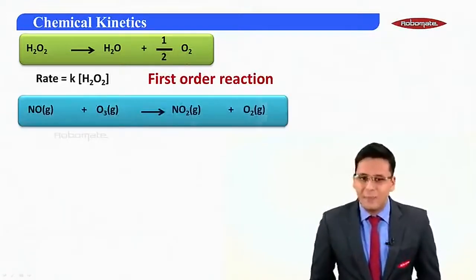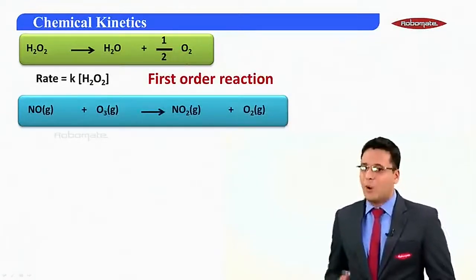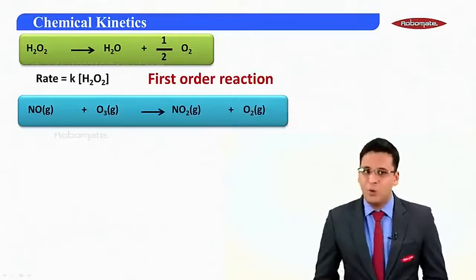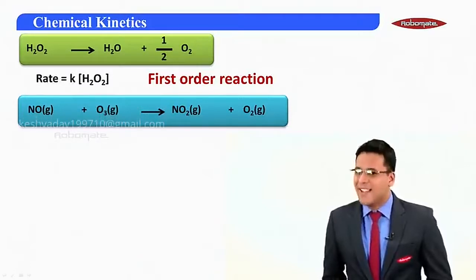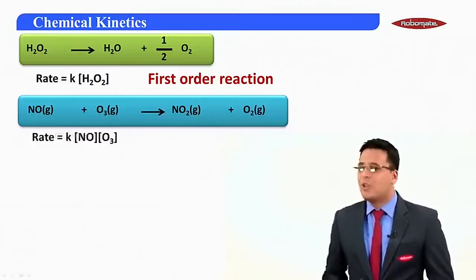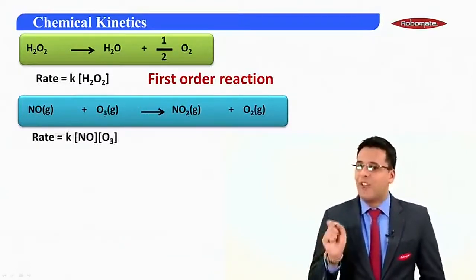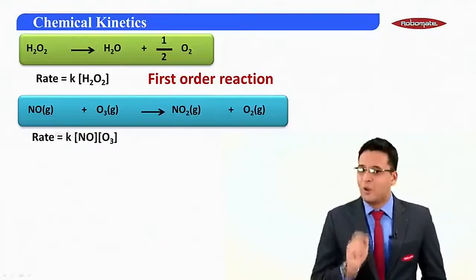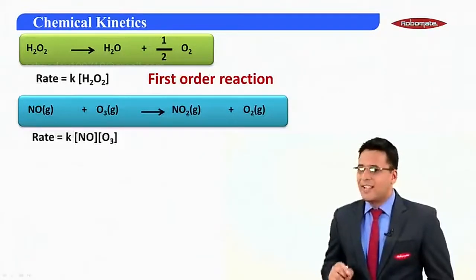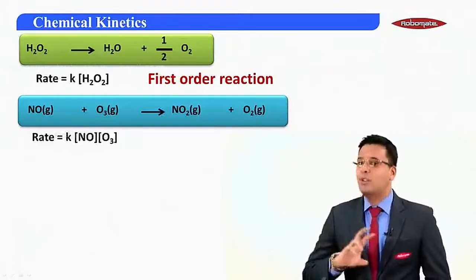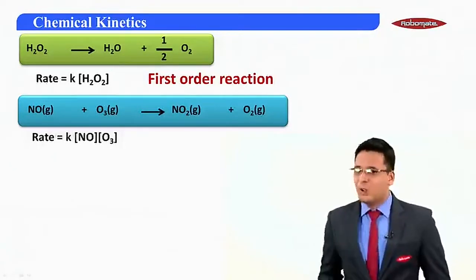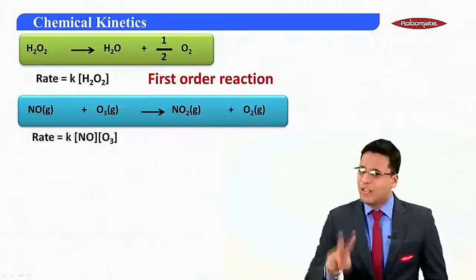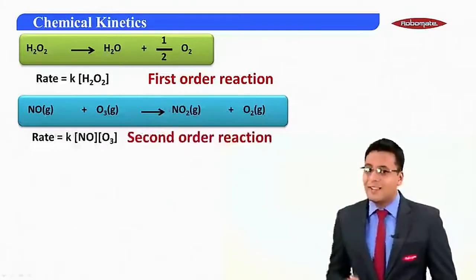Take another example, this NO plus O3 giving NO2 plus O2. For this, the rate law expression is rate is equal to K into concentration of NO into concentration of O3. So you take the alpha and beta, both the values in this case are 1. Take those values, add them together and you will get 2, which means this is a second order reaction.